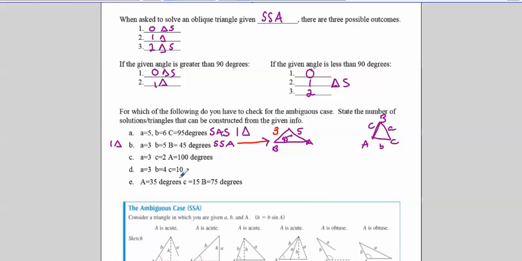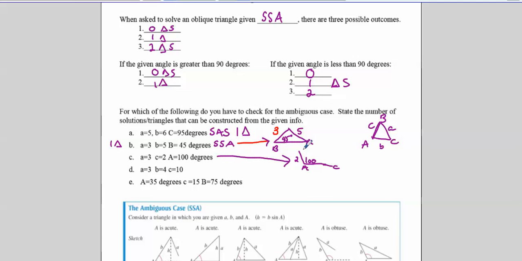Okay, part C, we're given angle A and sides a and c. So let's see how that would look. Let's put our angle right here, A, and it's going to be 100, which is of course more than 90 degrees. And then here's my angle C over here, which means that my side c would be 2 right here.